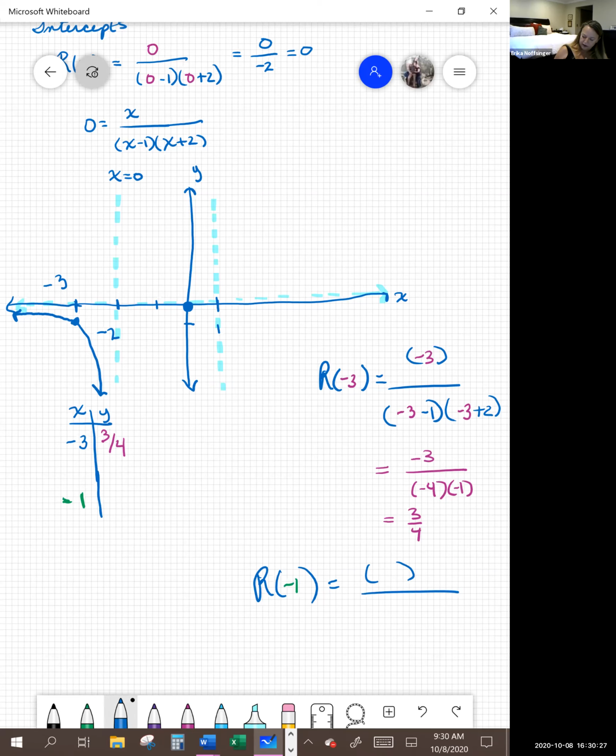So we get -1 all over -1 minus 1 times -1 plus 2. This is equal to -1 all over -2 times 1. So -1 over -2 is +1/2. So for x equals -1, we have +1/2.